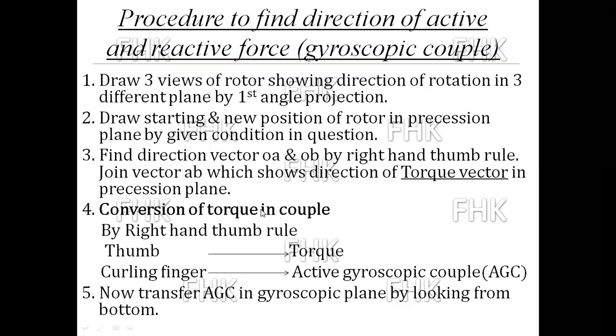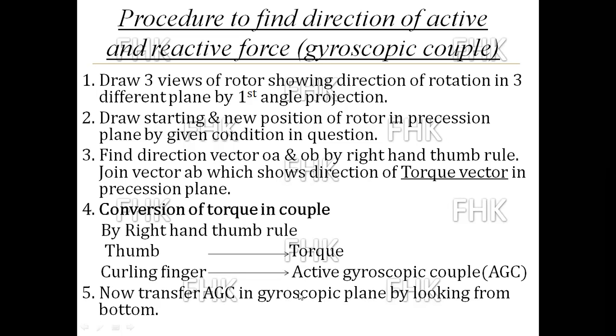See here, fourth step: conversion of torque into couple in the gyroscopic plane. By the right hand thumb rule, the thumb shows the direction of torque and the curling finger shows the active gyroscopic couple. That active gyroscopic couple we have to transfer into the gyroscopic plane by looking from the bottom.